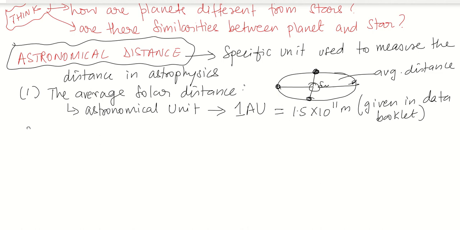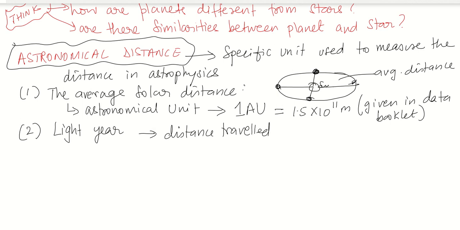Okay. Second one is light year. This is the distance traveled by light in 1 year. Okay. So this value is approximately 9.46 into 10 power 15 meter.